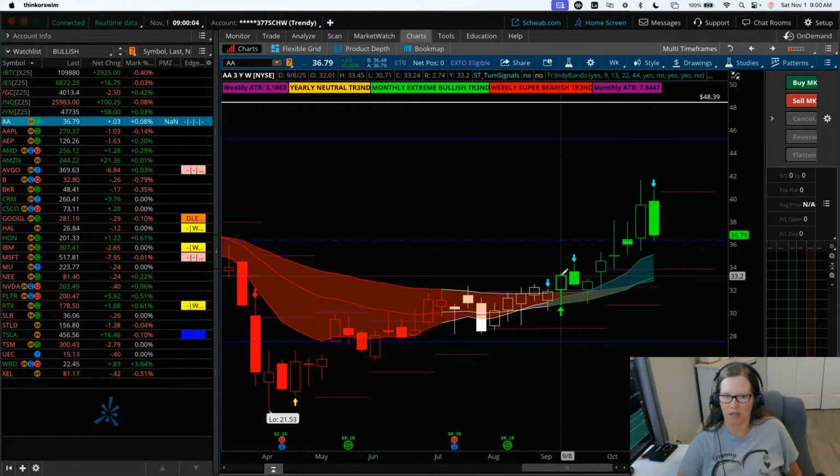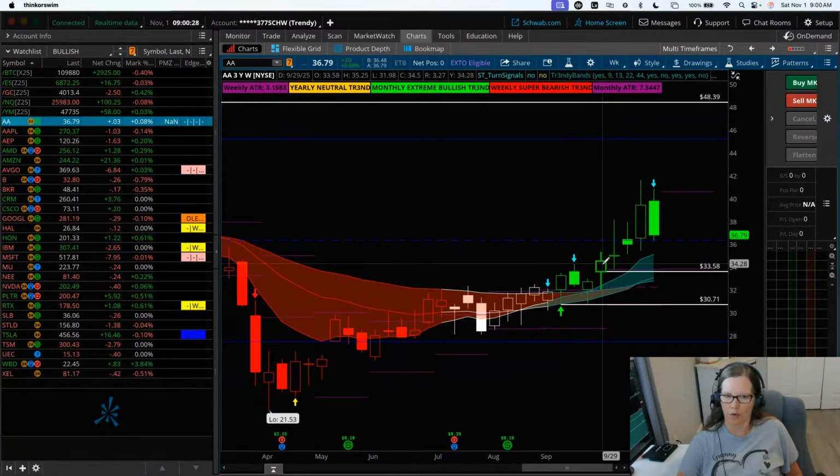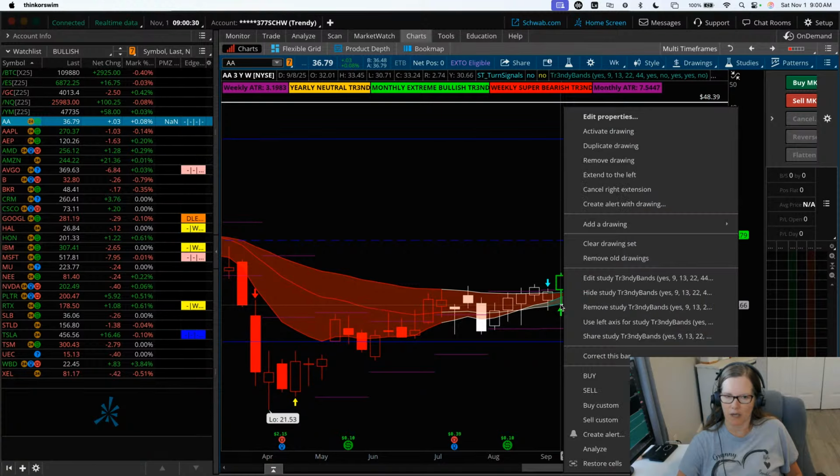Hollow candles mean the close is at the top. So this candle closed within the body of this initial candle, as did this candle. So this is what we call a double inside and then up. All right. So I'm going to take the body of my up candle and the lowest point of these four candles, and that's going to create my buy zone.